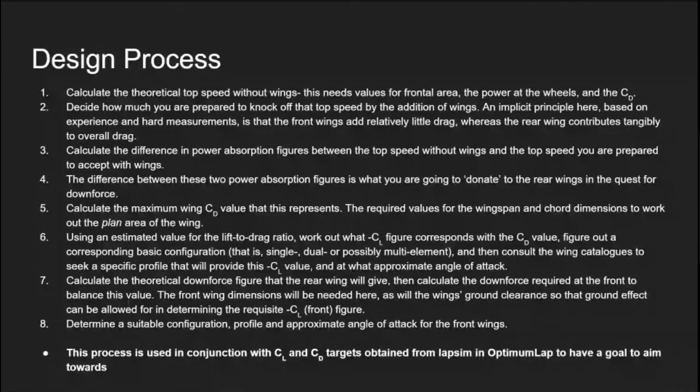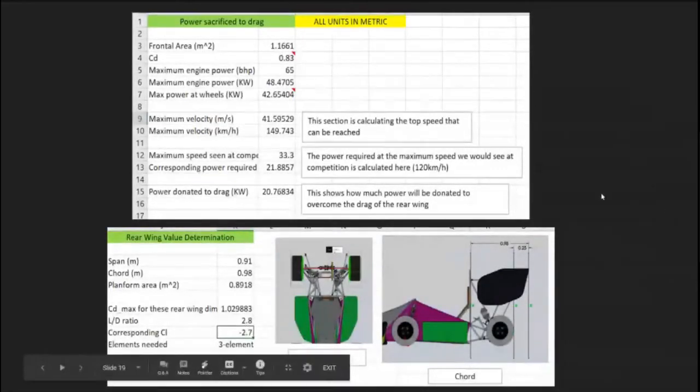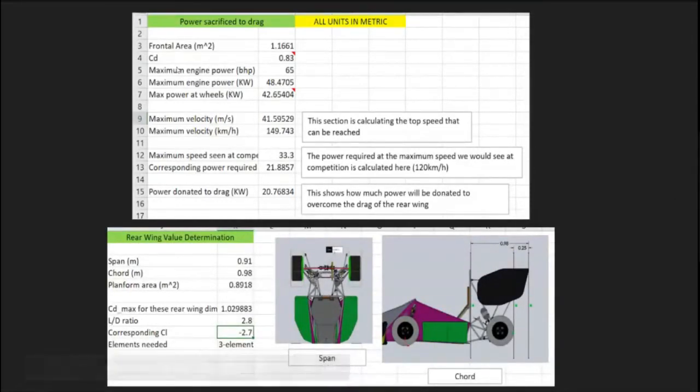And then from here is where we determine the actual airfoil profiles, how many elements we're going to use, all that sort of stuff, and then we move into CFD. So this is an example of my calculations for, I think, RF18, our first aero package.